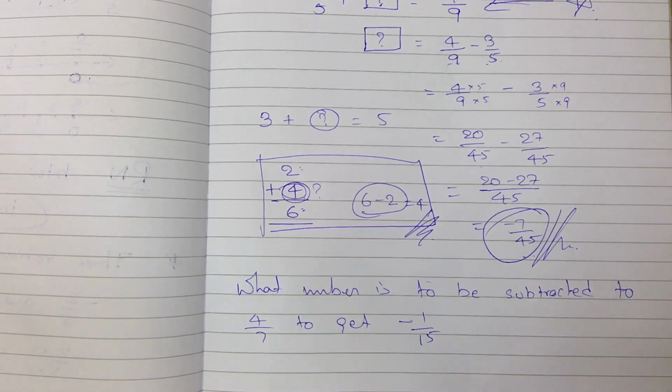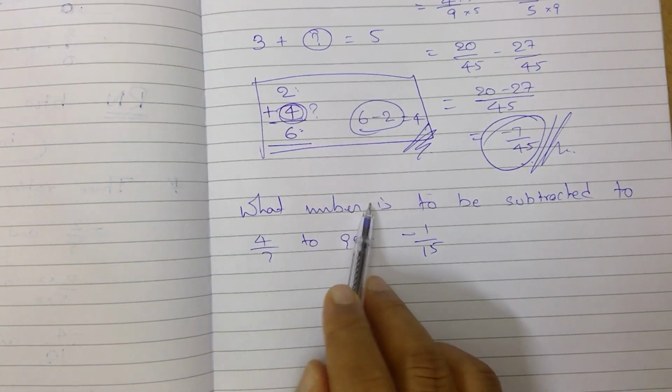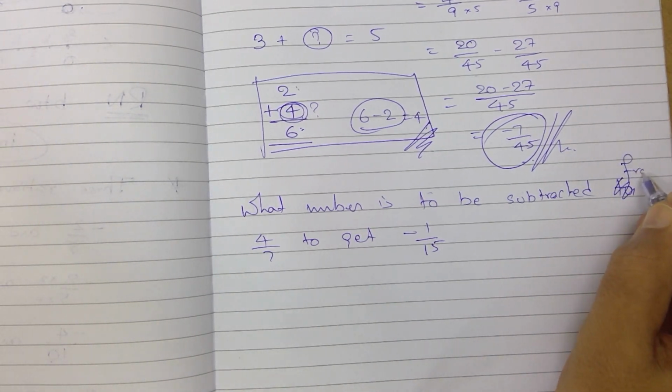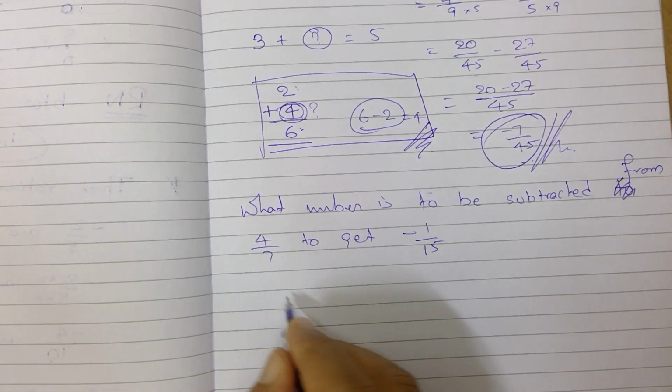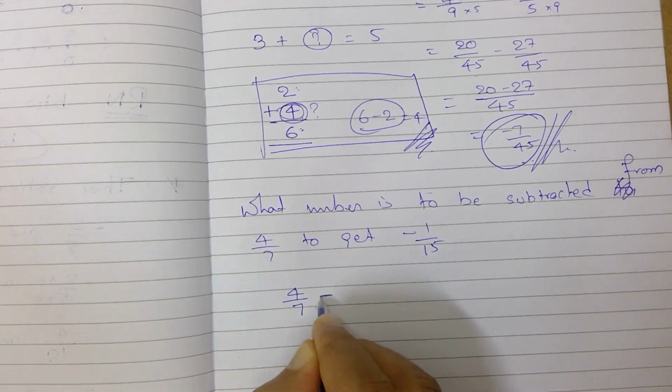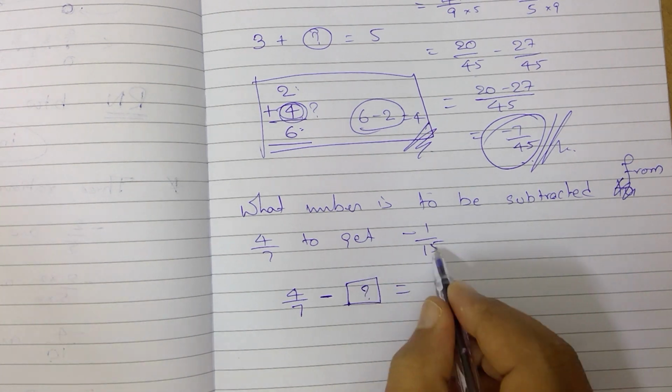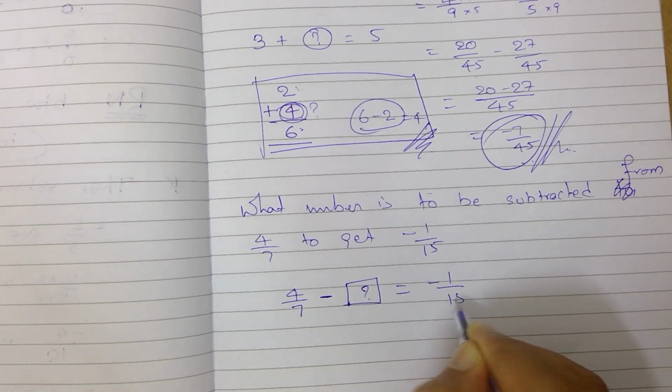So after reading 2 or 3 times, what we get: what number is to be subtracted from 4 by 7? So that means 4 by 7 minus the number we don't know, to get this result.